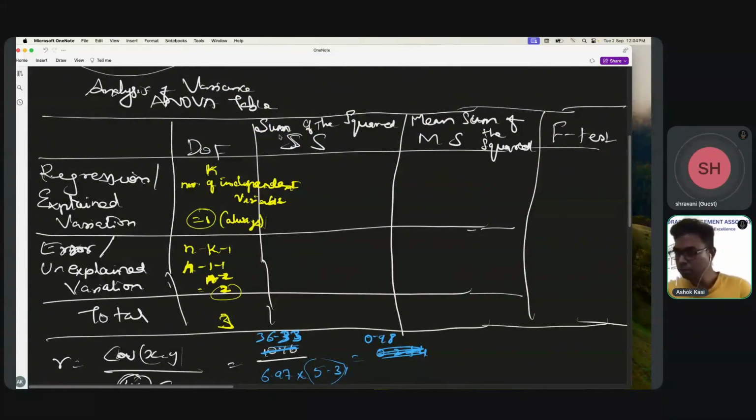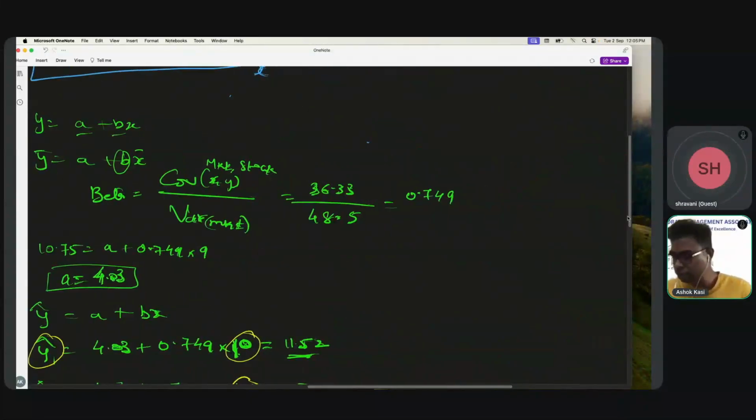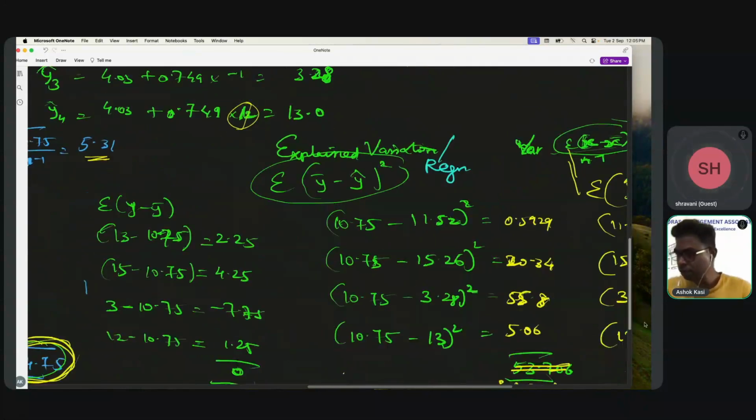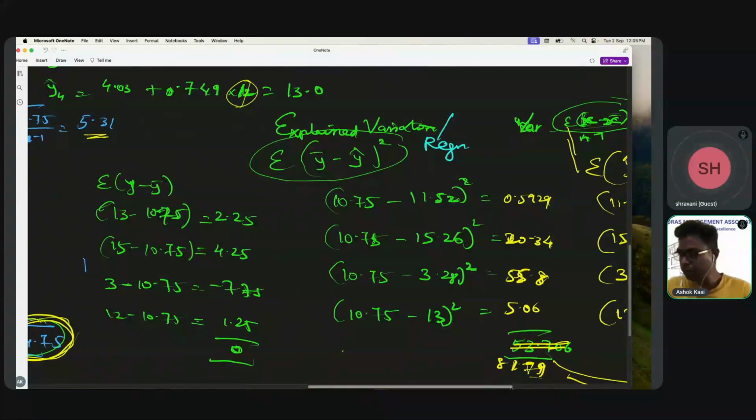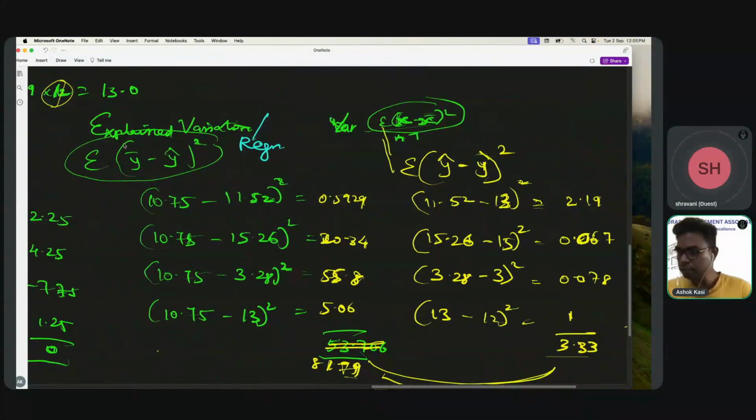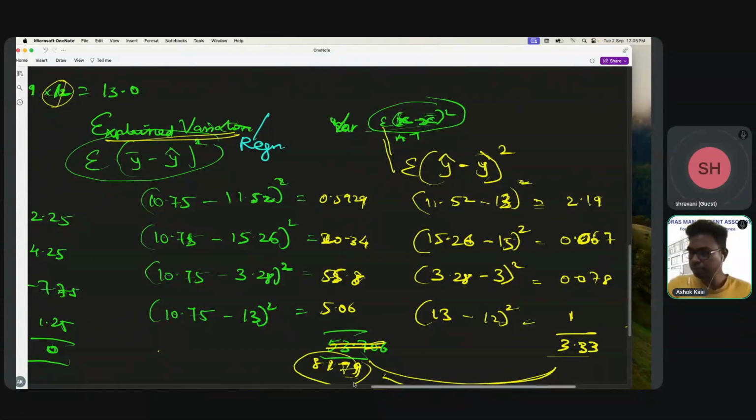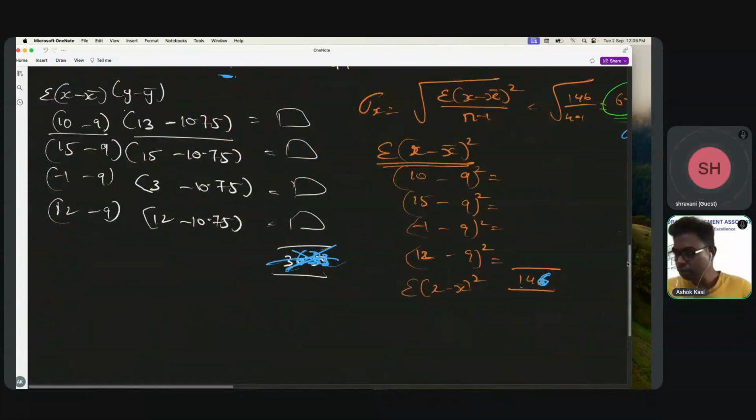So now sum of the squared, SS. See how you have to read this: this is SSR. In the book also this is how it is mentioned. SSR, sum of the squared regression, which is explained variation. So what is that total? 83 something you said, right? 81.79. Okay, this is explained variation.